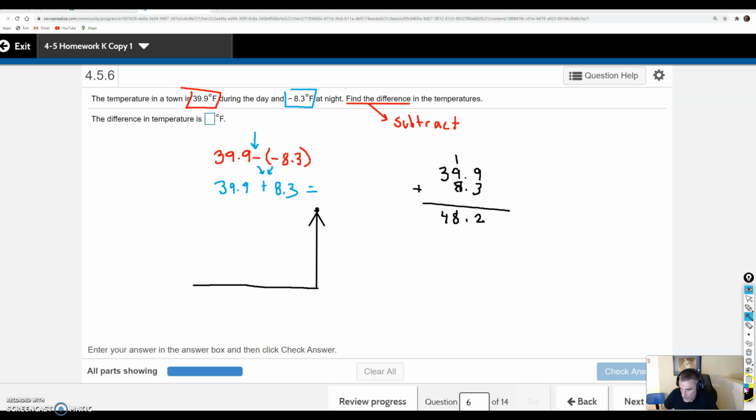But then at nighttime, the temperature gets all the way down to negative 8.3, which is all the way down here. All right, that's terrible. And this is 0. So what we actually found here is the distance from the highest point all the way to the lowest point. And in this case, that is 48.2.